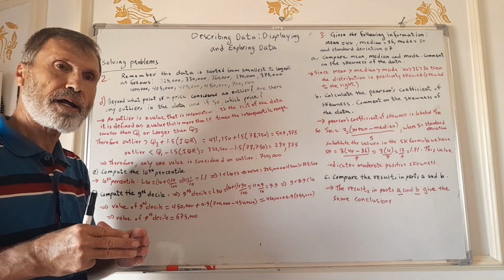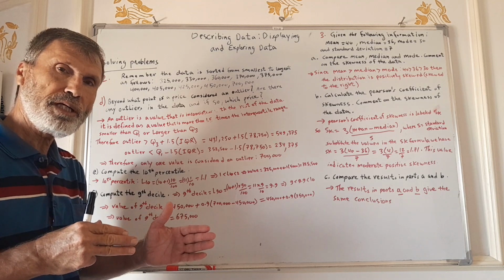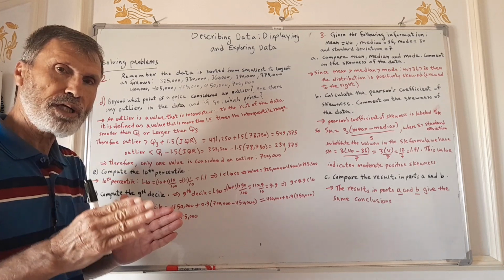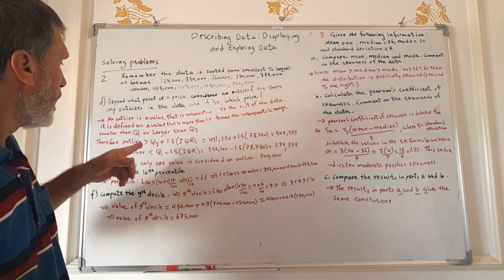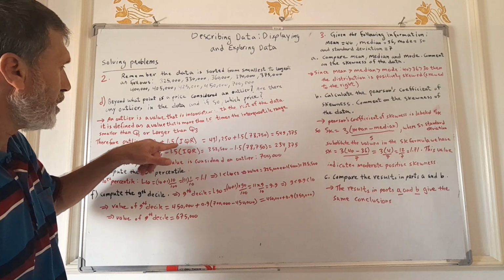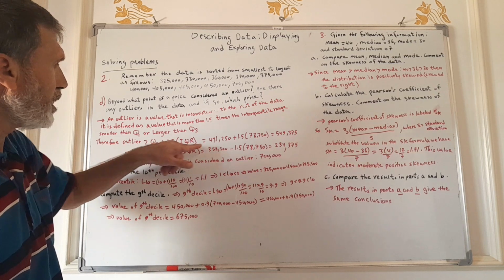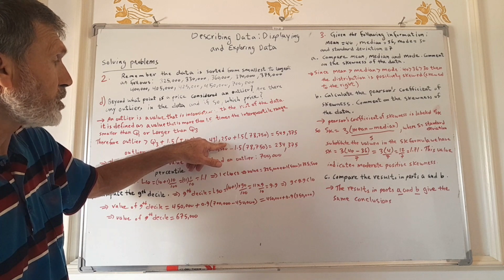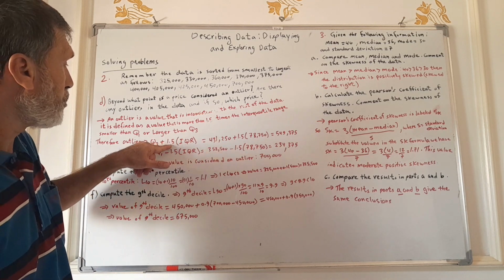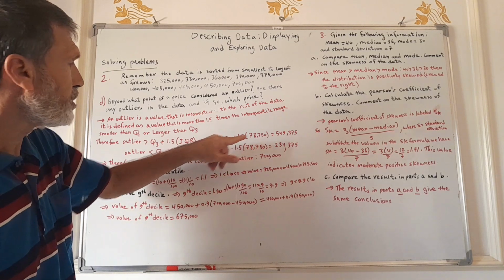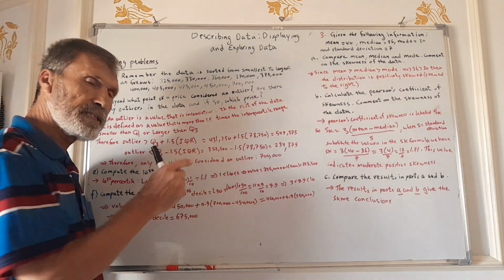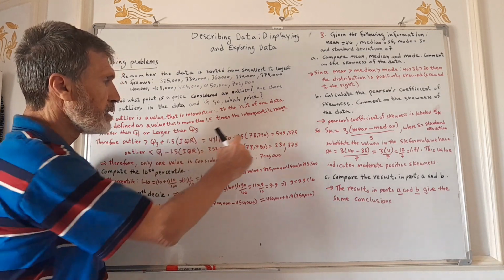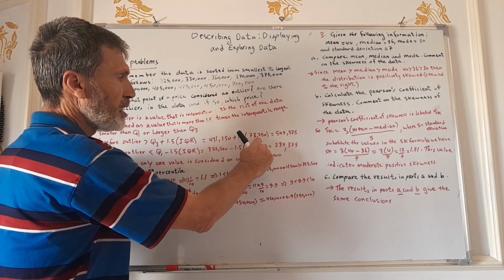The interquartile range is the difference between Q3 and Q1, so IQR equals Q3 minus Q1. Here, we plug in the values. Q3 is 431,250, which we already calculated in a previous part, plus 1.5 times the interquartile range, which is 78,750.